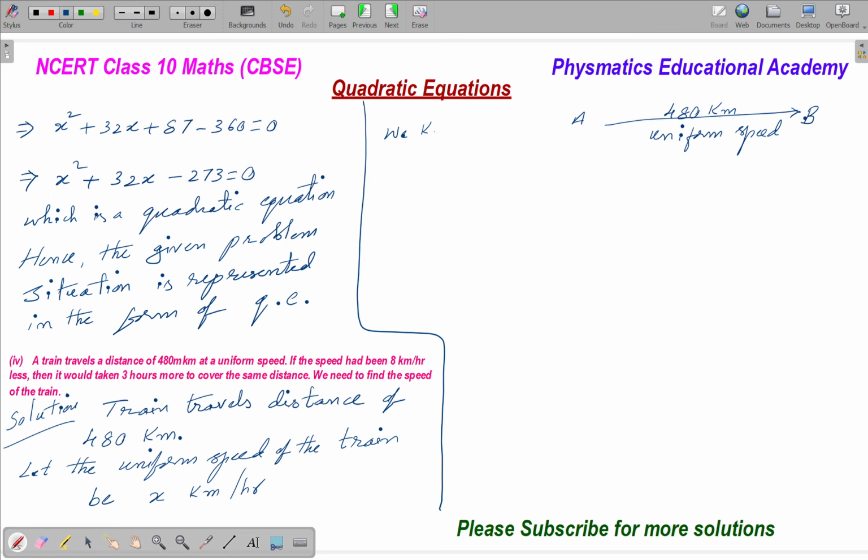So we know that time is equal to distance by speed.